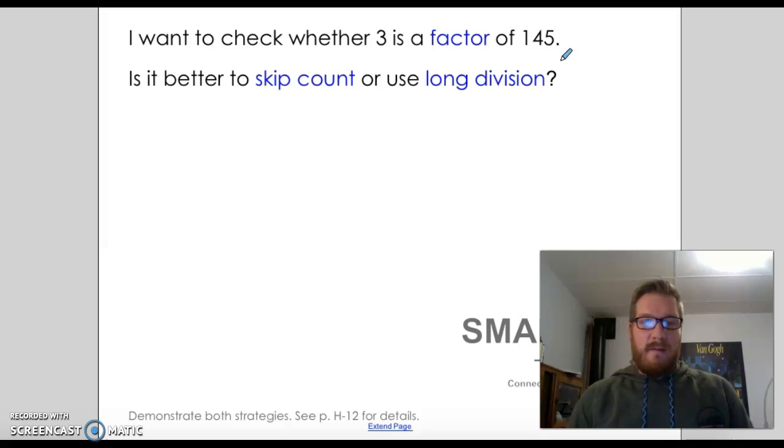So in this case, it's going to be better to check with long division if 3 is a factor of 145, or you could use the trick where you just add the numbers in 145 together. So 1 plus 4 is 5, plus 5 is 10. 10 is not a multiple of 3, and so 3 will not fit evenly into 145, so it's not a factor. Okay?